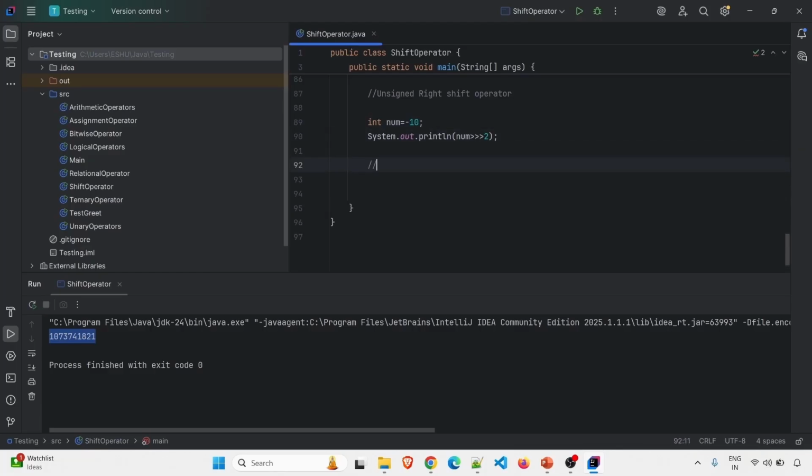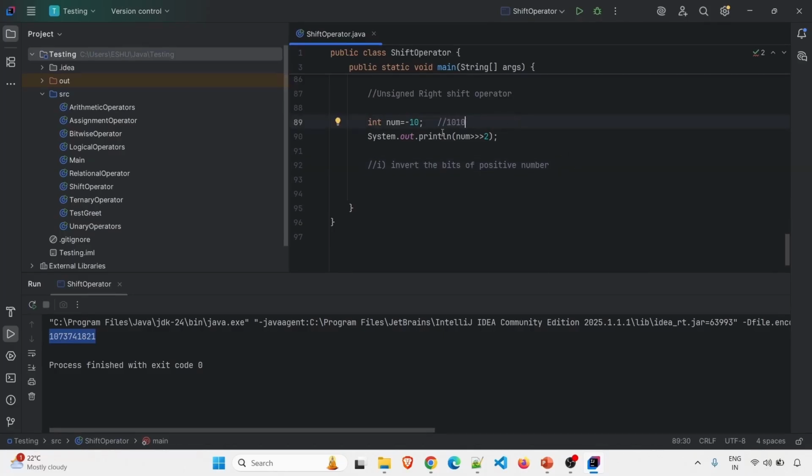The first step will be to invert the bits of the positive number. So I will take the binary representation of +10 and invert all the bits. +10 is represented by 1010.